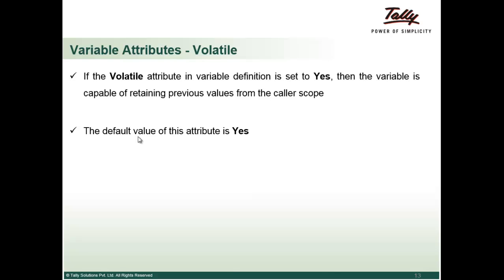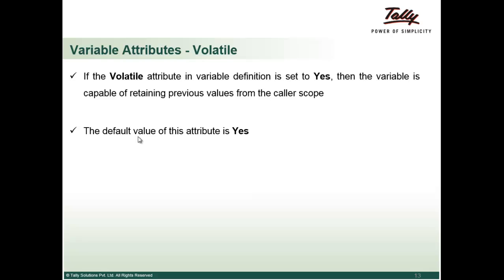If the volatile attribute in the variable definition is set to yes, then the variable is capable of retaining previous values from the caller scope. So we saw that. In cases where volatile is set to yes, the variable is capable of retaining multiple values, that is, its original value and its subsequent values are stored as a stack.